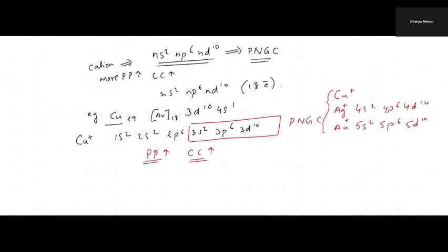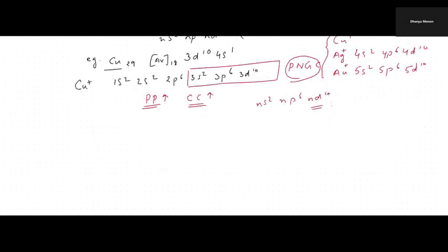Because these ions have pseudo-noble gas configuration, which is ns2, np6, nd10, like noble gas configuration.